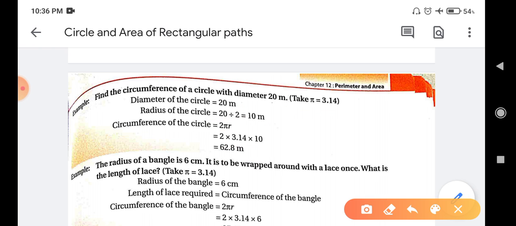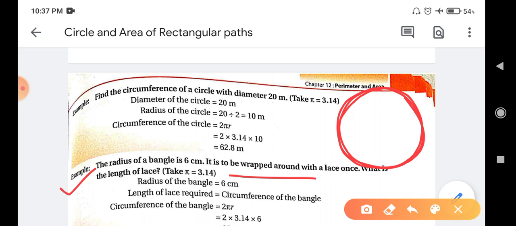Next example is the radius of a bangle is 6 centimeter. Bangle will be in the shape of a circle and it is to be wrapped around with the lace. We have to wrap it with the lace. What is the length of lace? We have to find the length of the lace and we have to put the lace around its boundary.